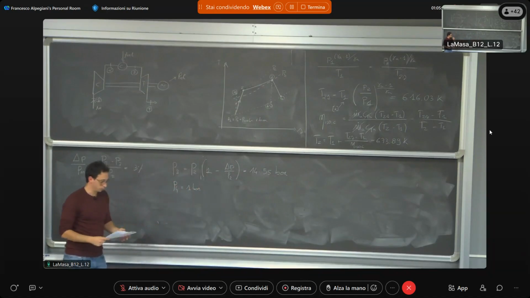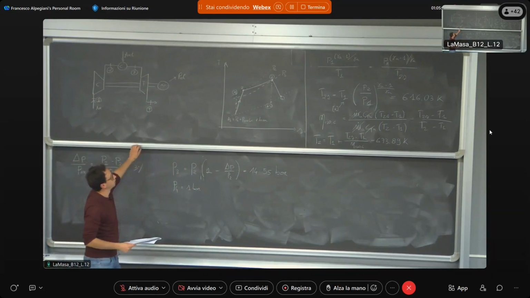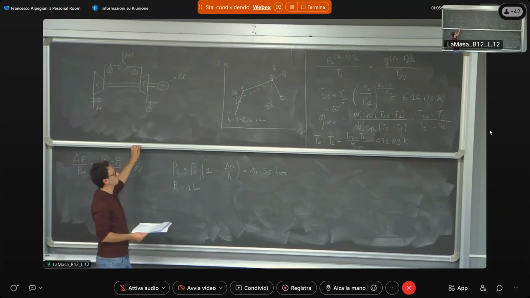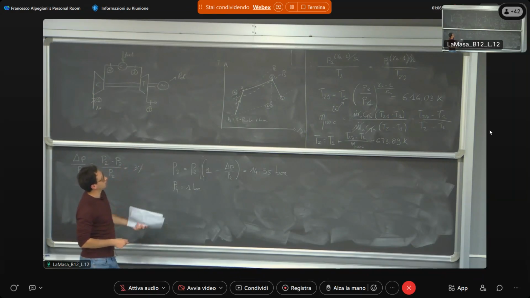Essentially, we need to use the same relation that we use for the compressor, so evaluate firstly the point 4S, so at the end of an ideal expansion, and then through the definition of isentropic efficiency of the turbine, we can evaluate the temperature in point 4.